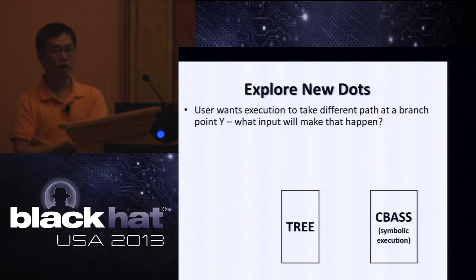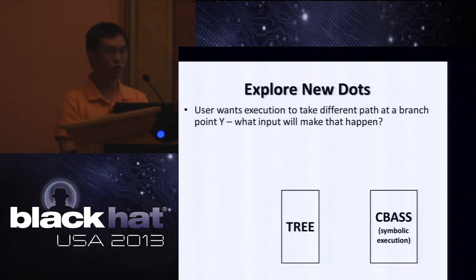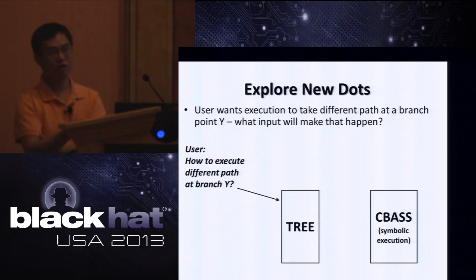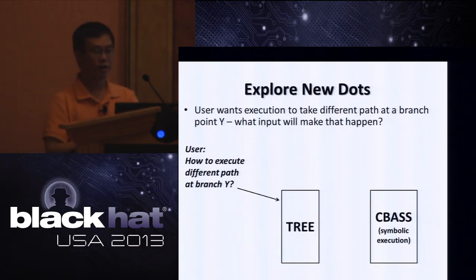So tree and CBASS together can help you answer the questions. At a high level, the user asks the question through the trace GUI by clicking on a button to say, how can I execute a different path at this particular branch point?